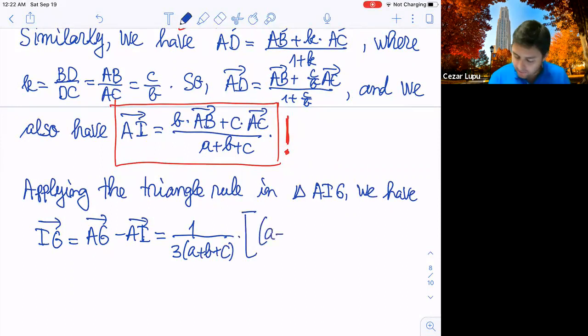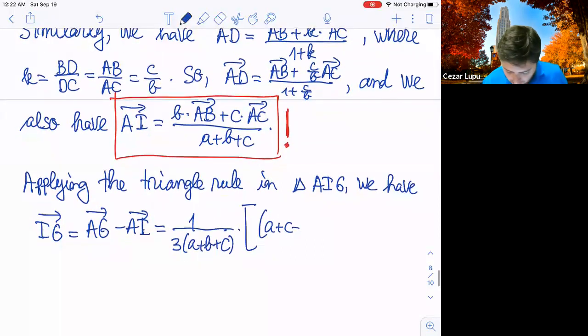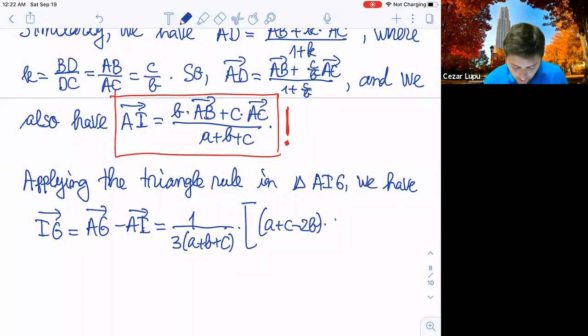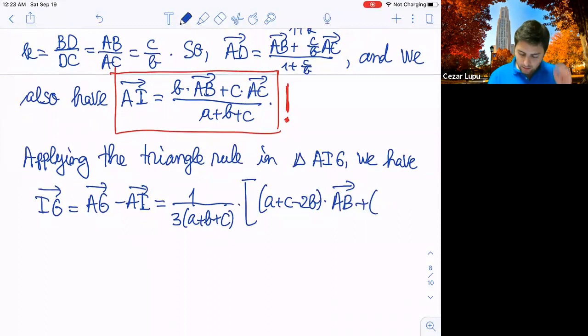We have (A plus C minus 2B) times AB vector, right? Plus, the other one will be (A plus B minus 2C) times AC vector. Okay, great. But now, guess what? So I expressed IG vector.